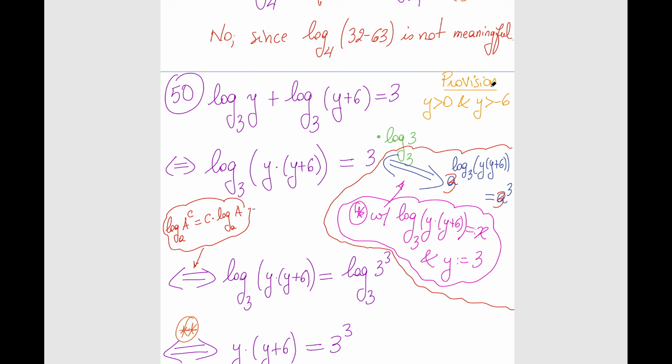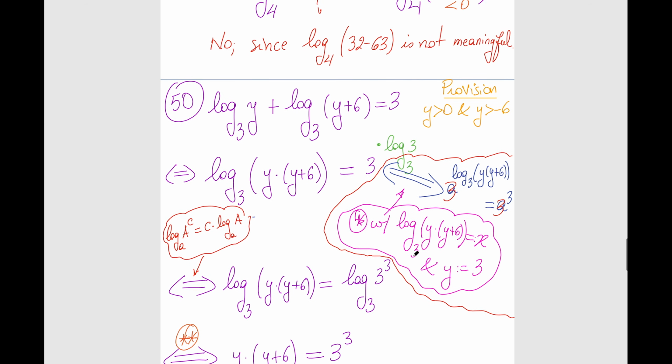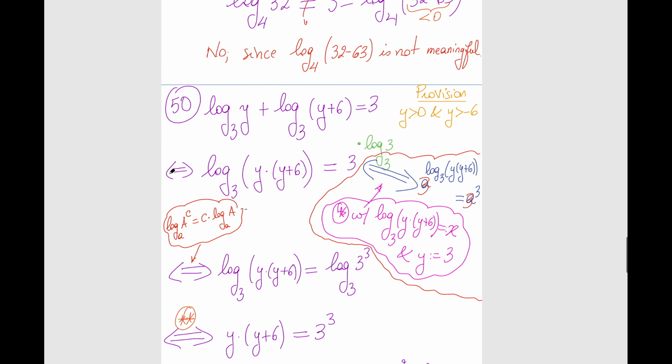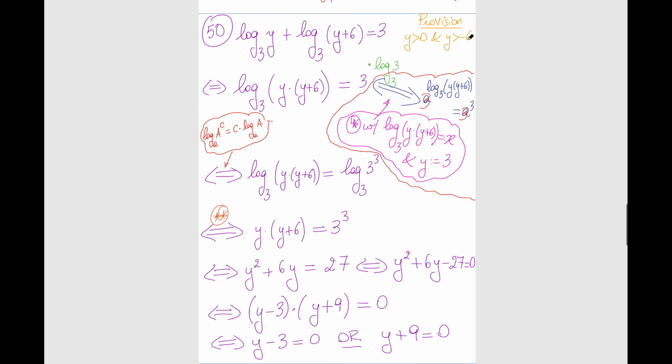So under this provision, we can say that guy is equivalent to this guy, which is equivalent to ultimately the last part, right? So with this provision in mind, that's why negative 9 didn't work even though we had equivalences. It looks weird, but the idea is if you keep this provision in mind, all of these are equivalent.